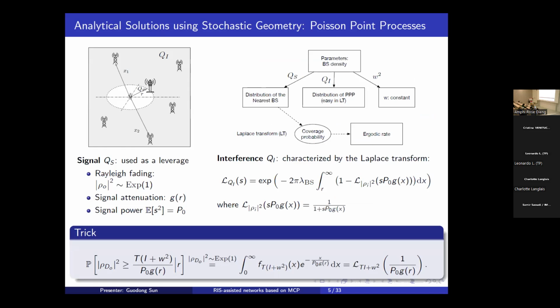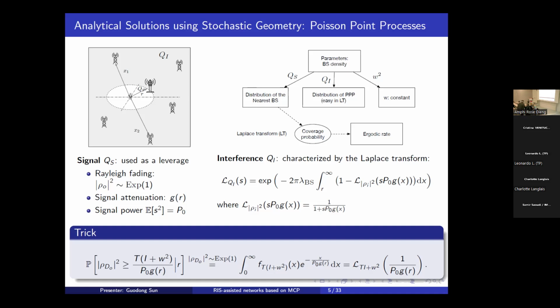What it means is, you have a closest base station, and the Poisson Point Process gives you the distribution of the nearest neighbor distance R. Then for the interference from this shaded area, the base stations are randomly located, and in different scenarios you have different deployments. Stochastic geometry can give you an expression called the Laplace transform of the interference. You can find it in a textbook. Then for the noise, it's a constant, and we just take it as trivial.